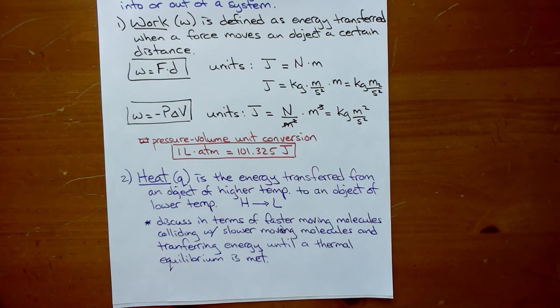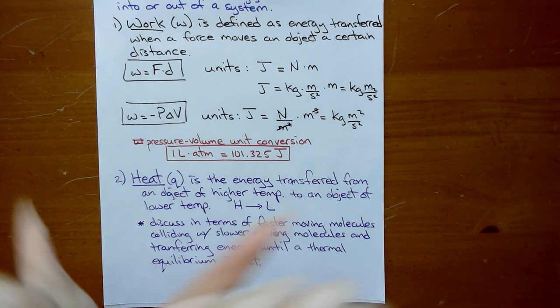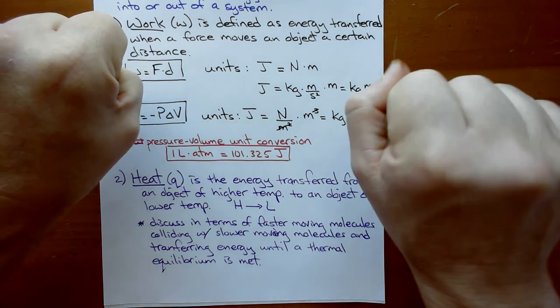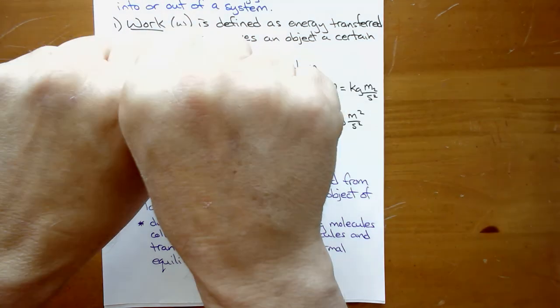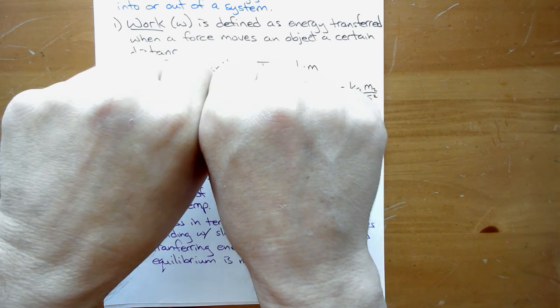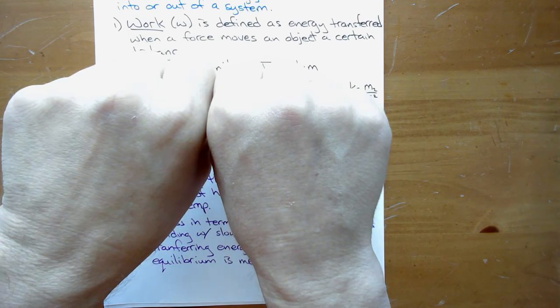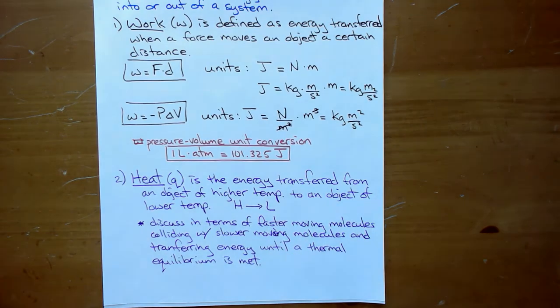Okay, and what I mean by this is to be able to think of this. So if I have a really fast moving molecule and it collides with a slow one, it transfers some of its energy, and when it hits, the slow one moves faster and the fast one moves slower, because it transferred energy.